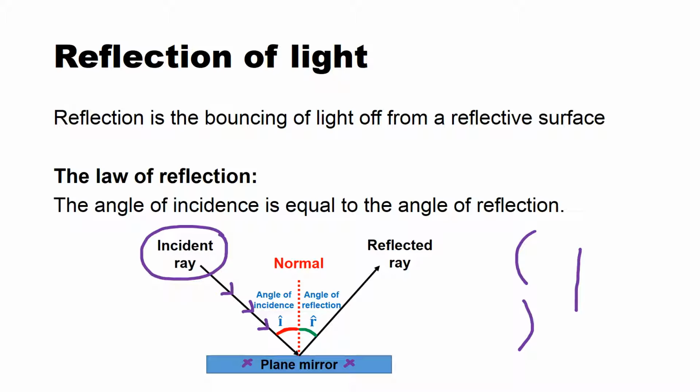The normal is an imaginary line which is at 90 degrees to the surface of the plane mirror. As I mentioned, it's imaginary, so you're not going to be seeing this as a line, but it's one that we can often imagine to be put in. And the angle of incidence is always between the normal and the incident ray.